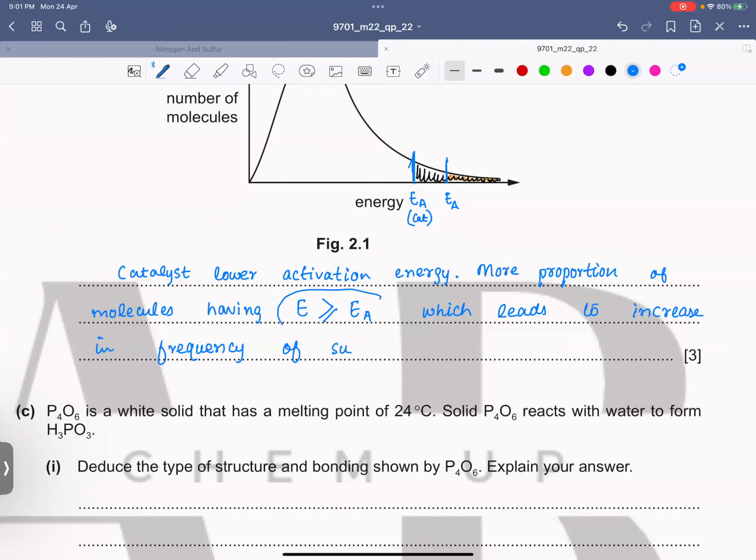So it means right now when we are talking about this, it is understood that we are talking about the lower activation energy. You can write this way as well, but it is not mandatory. And instead of writing frequency of collision, we write increase in the frequency of successful collisions.